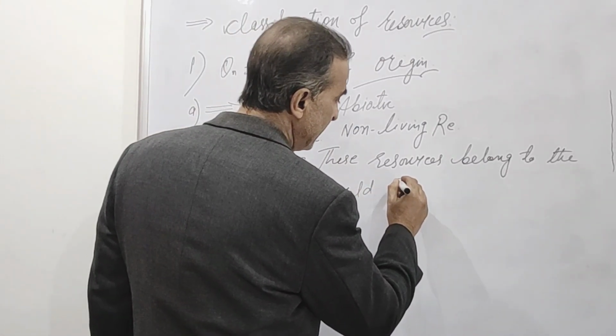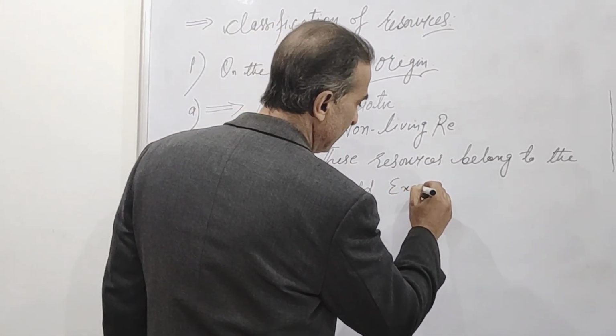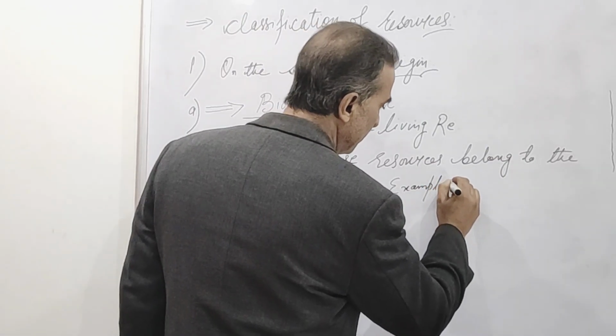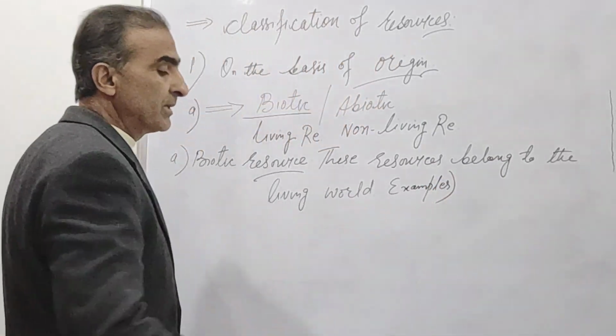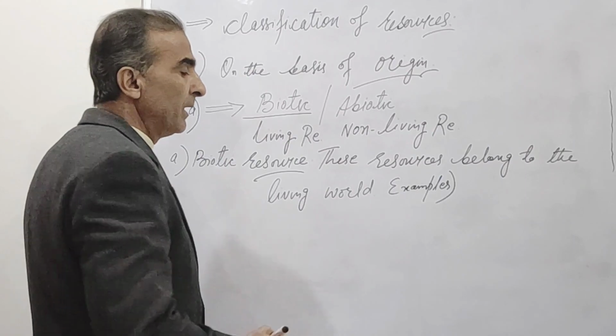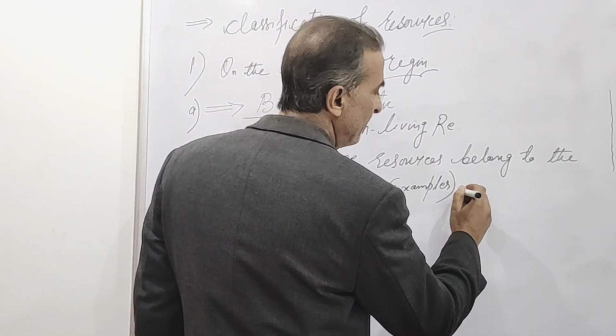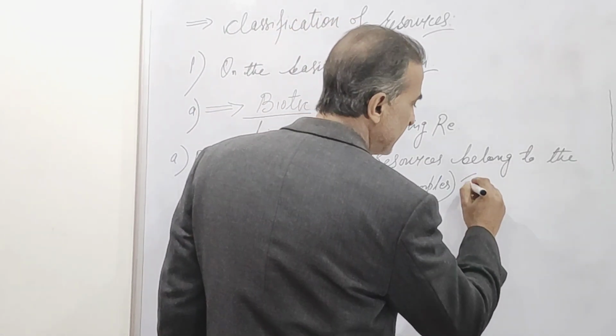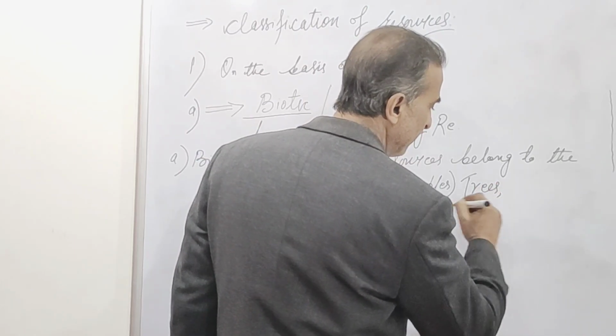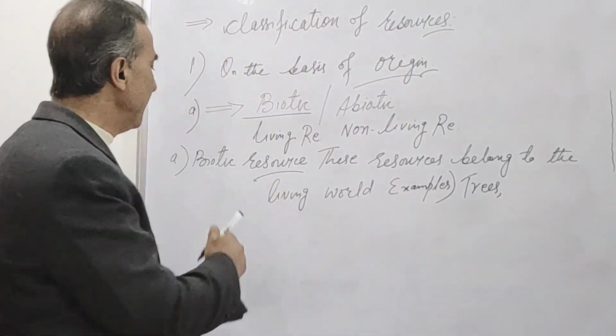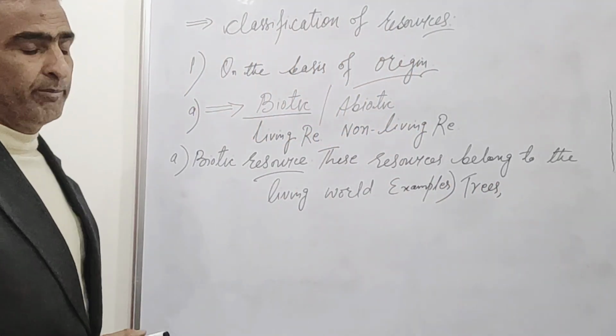Now, what are the examples of these living resources? I told you before, examples are very important. Now you can write plants of all types, or we can say simply trees. Trees have life, so they belong to the biotic world.